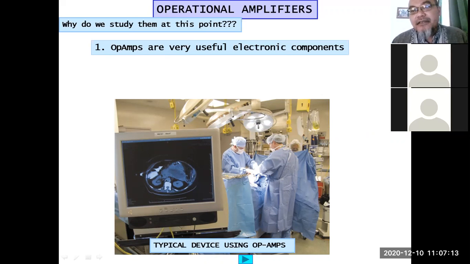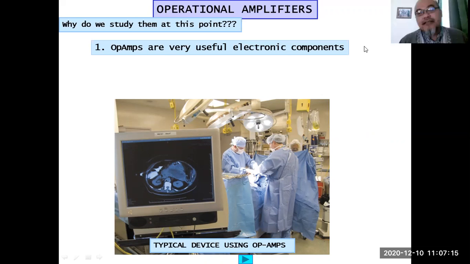But I decided to introduce first the superposition, linearity, Norton and Thevenin theorem before the operational amplifier, because those are the basic theories which I think all of you will need to solve the circuit analysis, as well as the other students from SEE and PCE, even though they only learn until superposition.